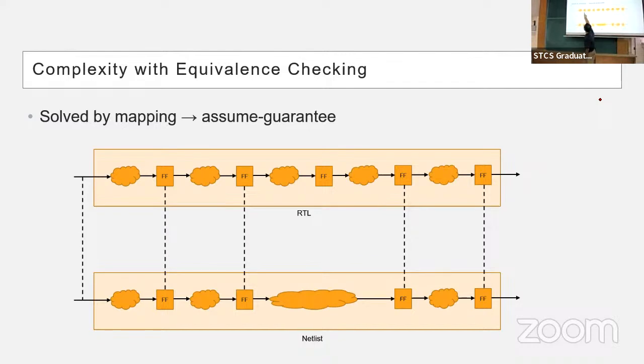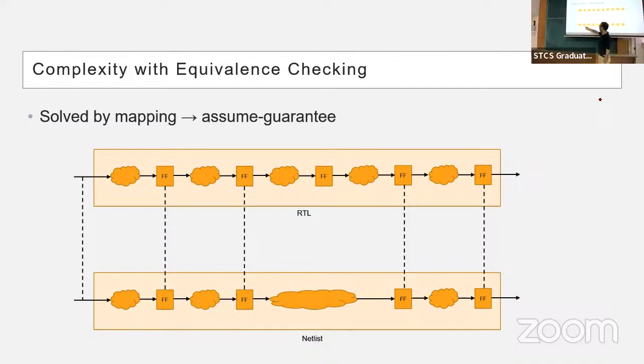If we look at the logic, we have these flip-flops or combinational logic, right? Like this.